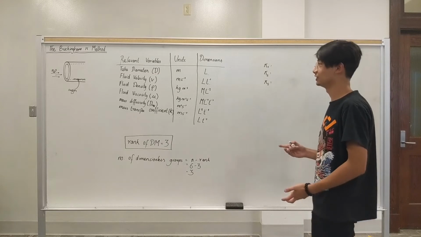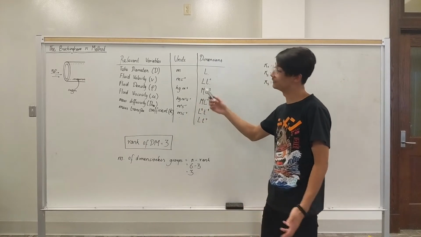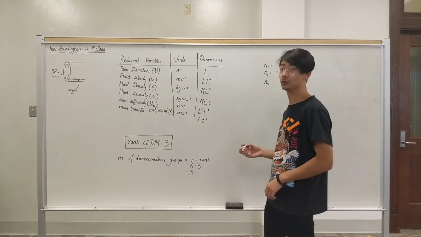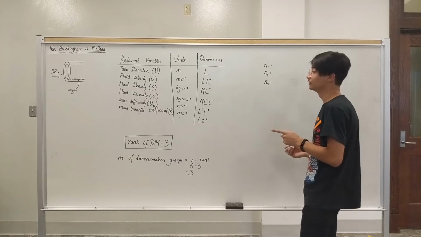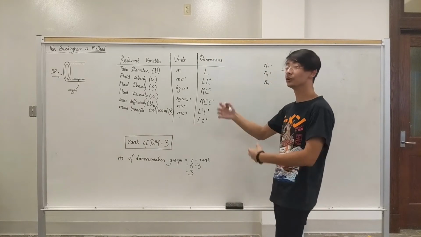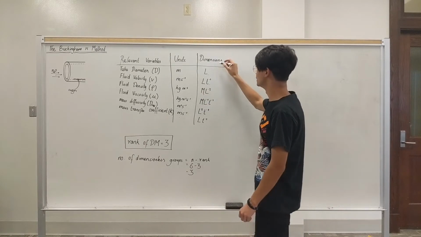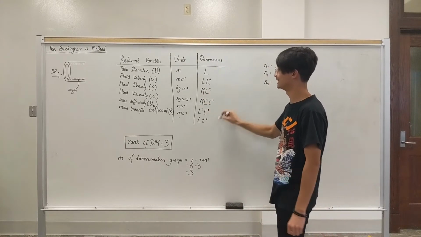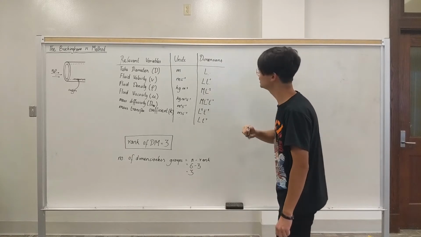So the next question is, we have 6 different variables here. Which 3 should we choose in our core group? There's only one rule to do that, and that is that the union of all the core groups should contain all of the dimensions that are present here. So that means we have length, time, and mass.